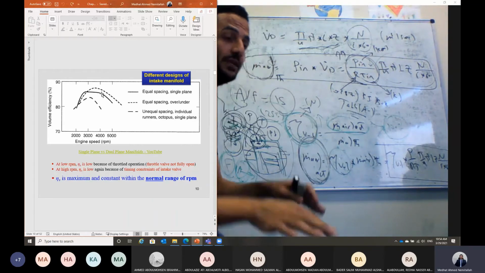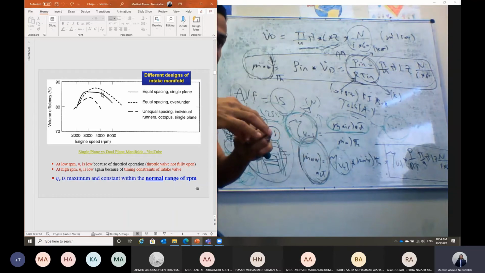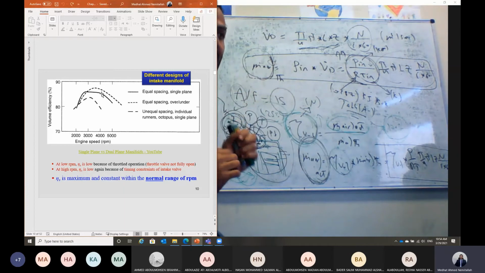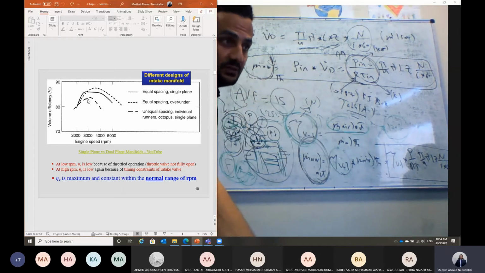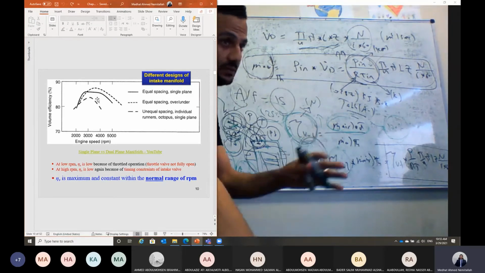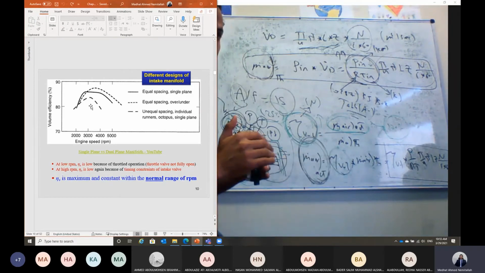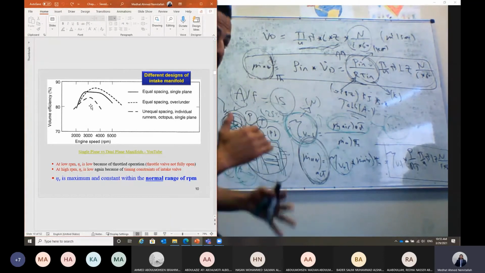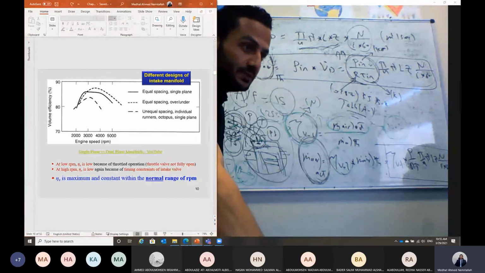Equal spacing means the same amount of flow rate will go to each cylinder. But if we have variable spacing, the volumetric efficiency deteriorates, and this design cannot be applied because we cannot supply different cylinders with different amounts of mass flow rate of air. That means we would have an engine imbalance.